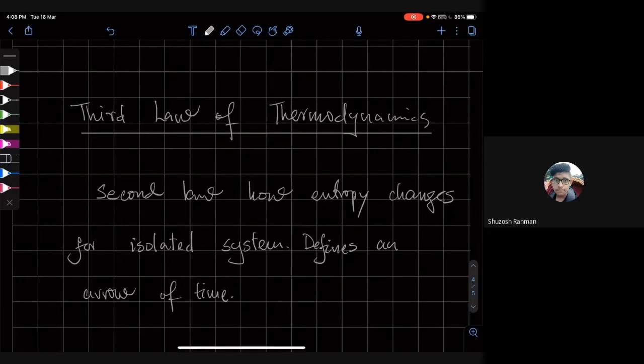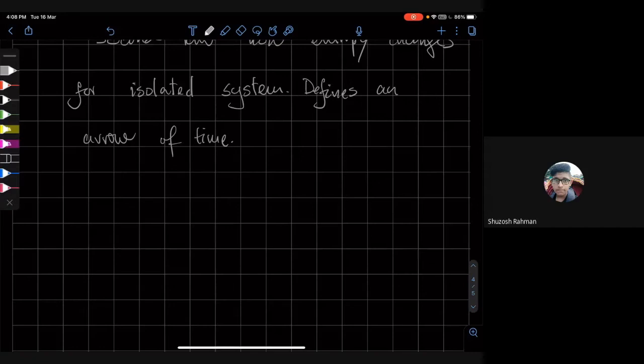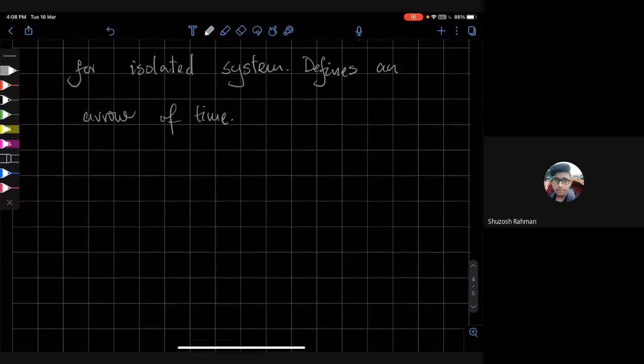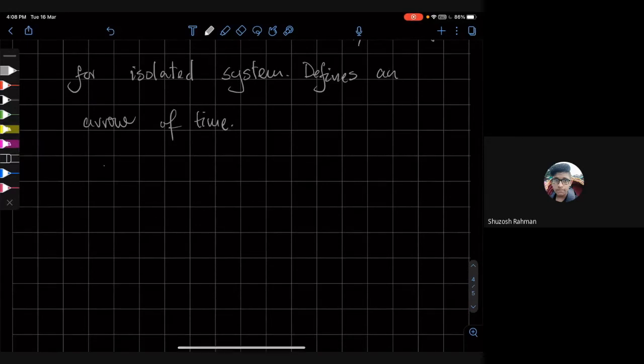Okay. So the third law tells us, and it was discovered by many people, but I think most notably by Nernst. So it's also known as Nernst's law or Nernst Principle.